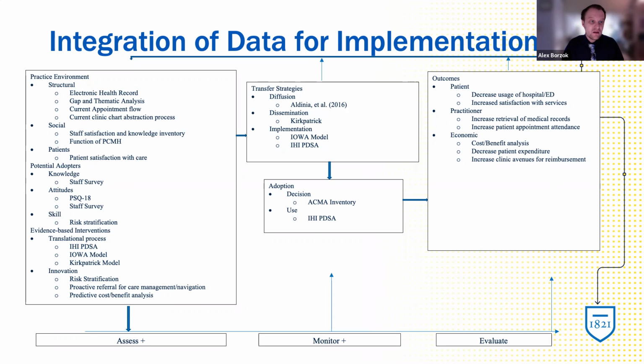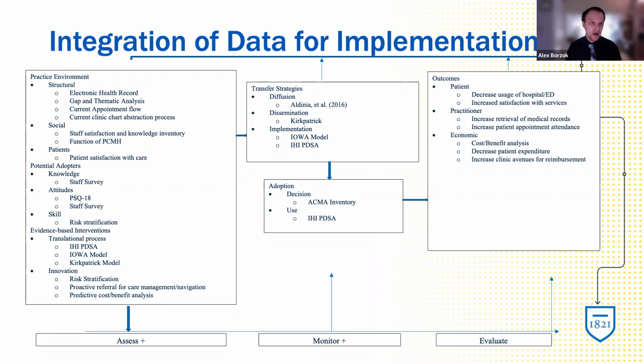So what we're looking at here is, where are the gaps in the current model that is being utilized by the clinic, and what kind of themes are developing through the gaps and through the staff and patient attitudes? What's the flow of the appointment presently, and how is this going to fit into the model of the transitions of care program, as well as what is the abstraction process? How are we gathering and summarizing the data so that it can be used efficiently during the appointment time?